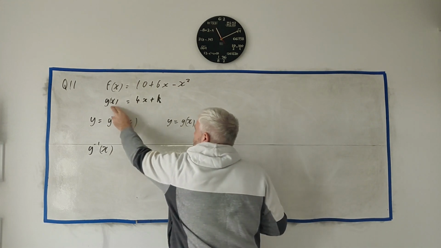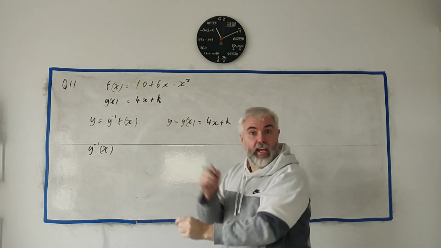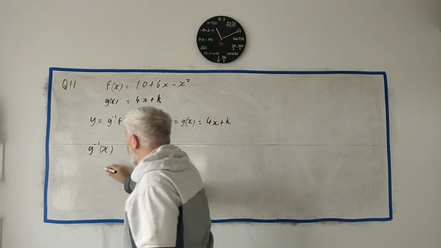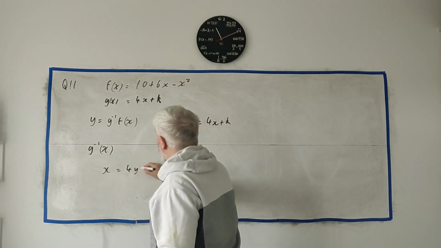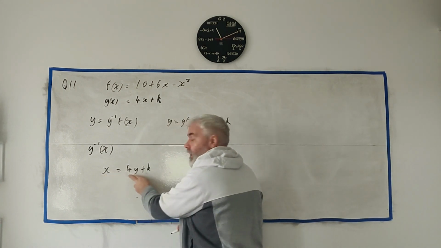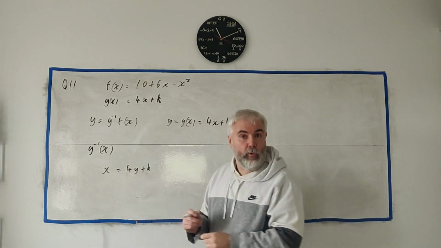To get that, how I do it is, I think of y here, y equals this, and then I switch to x and y. So I get from here, instead of y on this side, I put x. Instead of x here, I put y plus k. Yeah, some people do this the other way. They leave y and they leave x, and they do what I'm about to do, and then they switch x and y.